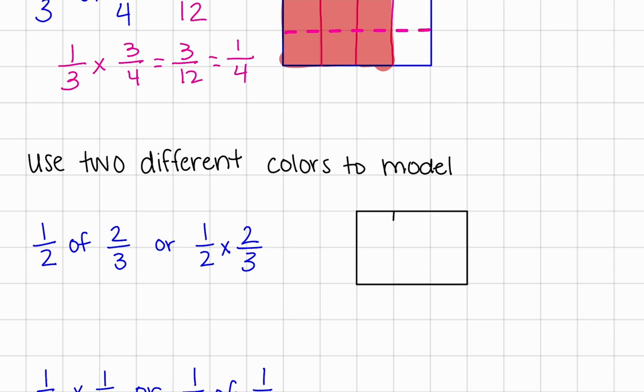So I'm going to divide my model into thirds, and I can color 2/3. Right? And then I'm going to divide my model in half because my first fraction is half, and I'm going to color 1/2.